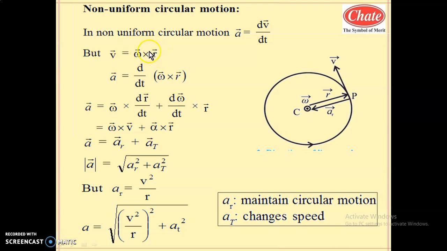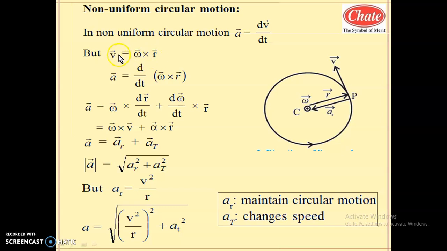So in circular or rotational motion, the linear velocity of a particle is given by the equation omega, the angular velocity, cross vector r. It is a cross product of omega and r, which gives the resultant quantity, linear velocity.